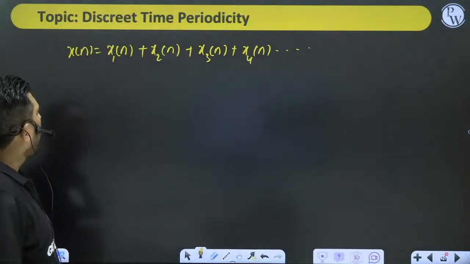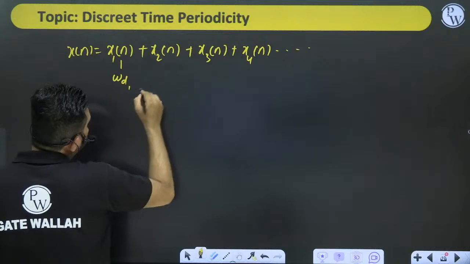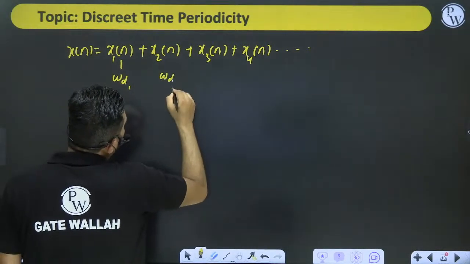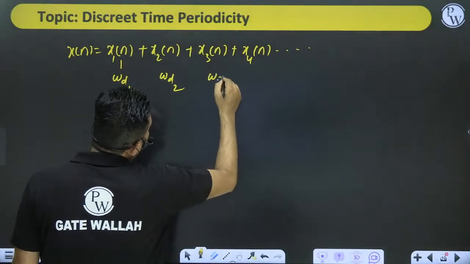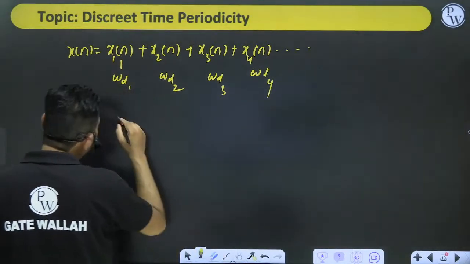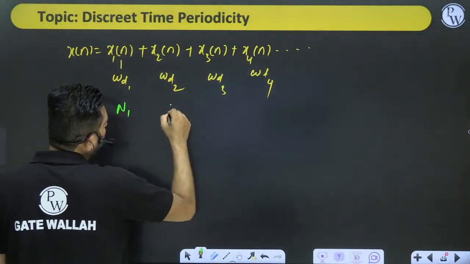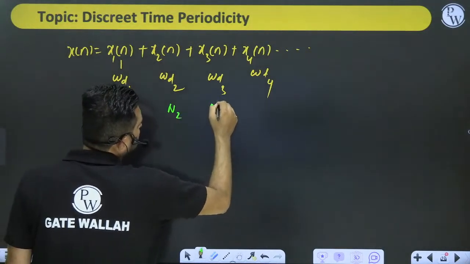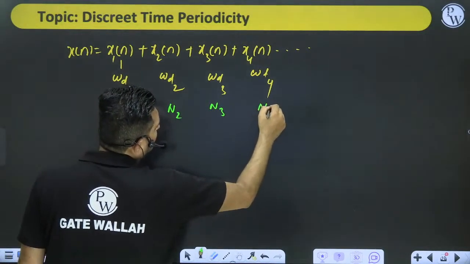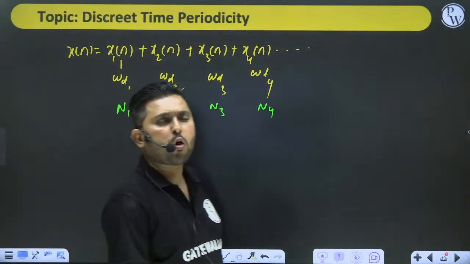And this has omega d1 finite, omega d2 finite, omega d3 finite, omega d4, or you will have, let's say, n1 finite, n2 finite, n3 finite, n4 finite. Last class question: what is the common period?